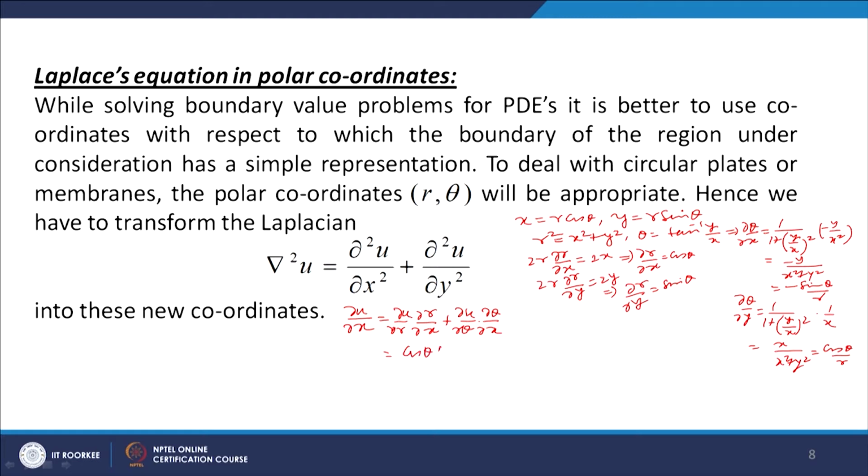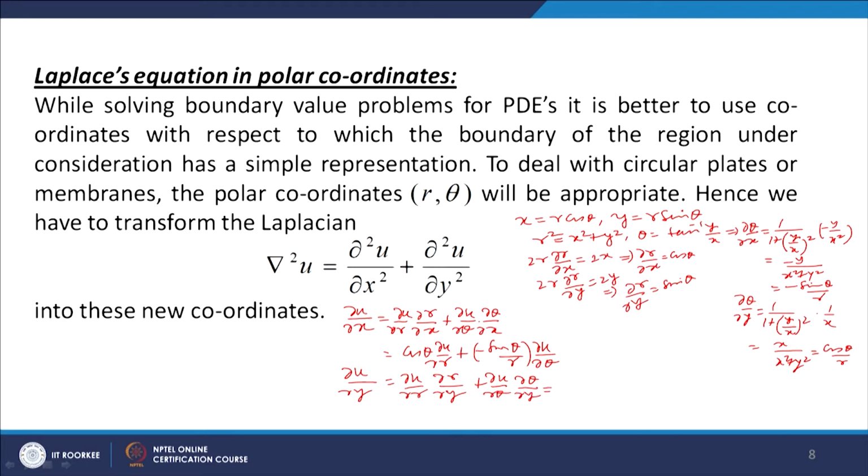So, cos theta del u over del r plus del theta over del x is minus sin theta over r, so minus sin theta over r del u over del theta. Similarly, del u over del y we can write is equal to del u by del r into del r by del y, plus del u by del theta into del theta over del y.